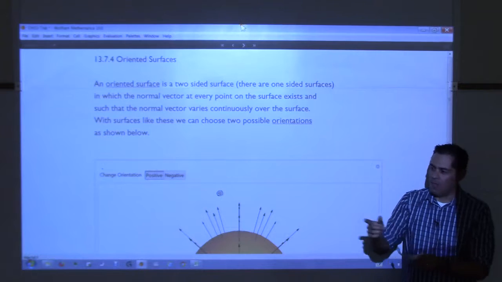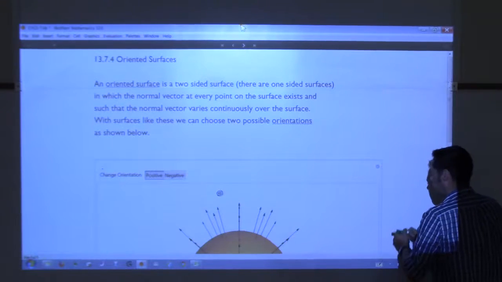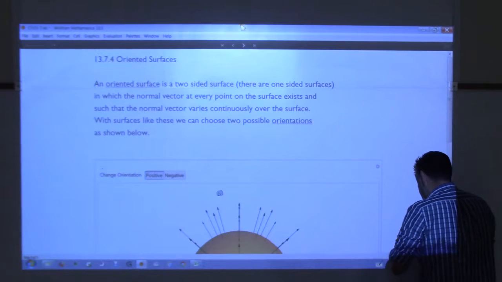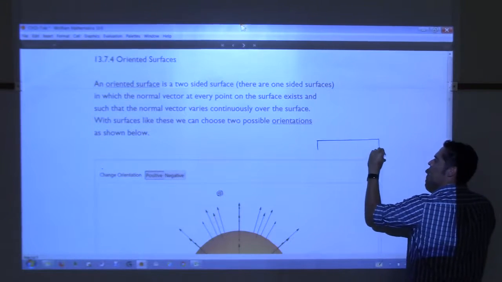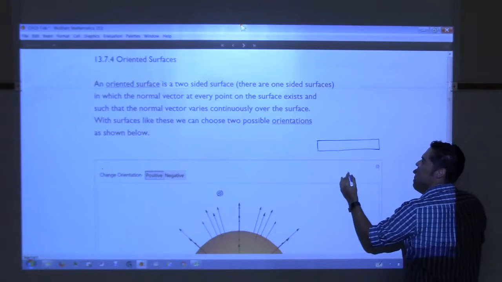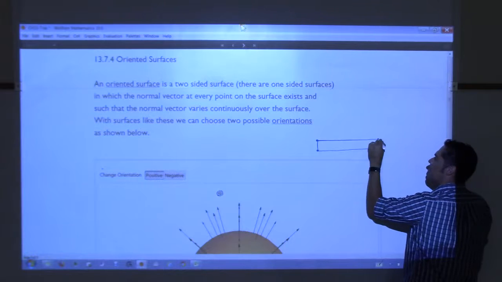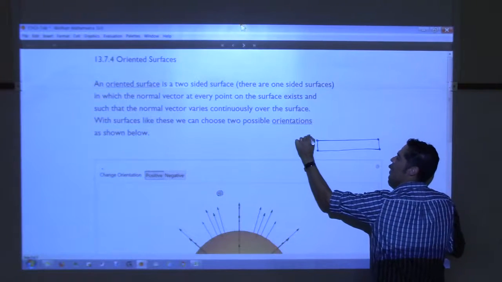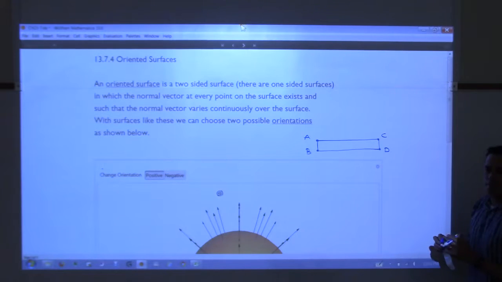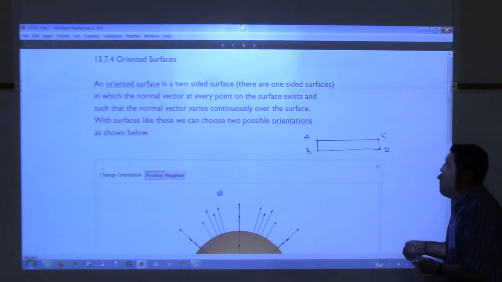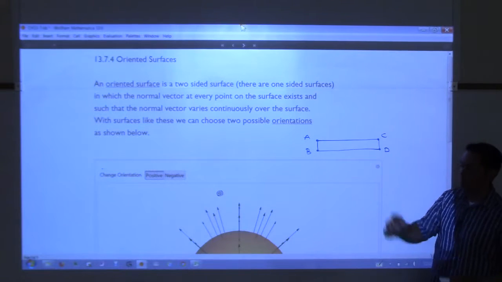Now, the Klein bottle, see what I did here? I took these two edges. I'm going to start going into topology here, I'm sorry. So here was my strip of paper. And I took these corners, and let's call this A, B, C, and D. What would happen if I put A on top of C and B on top of D?